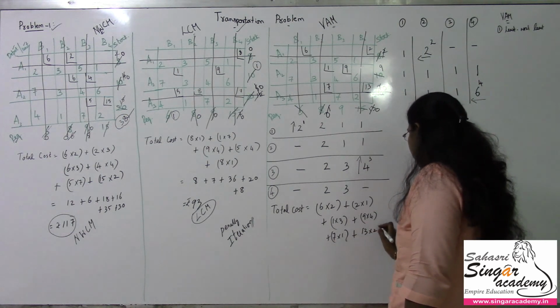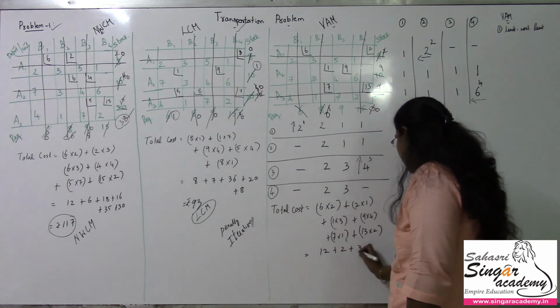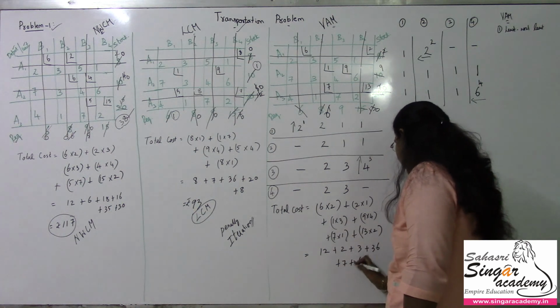So you have to multiply and add all the values. 12 plus 2 plus 3 plus 36 plus 7 plus 26.